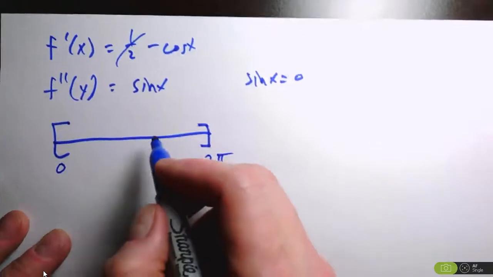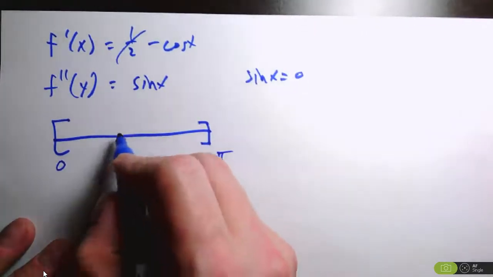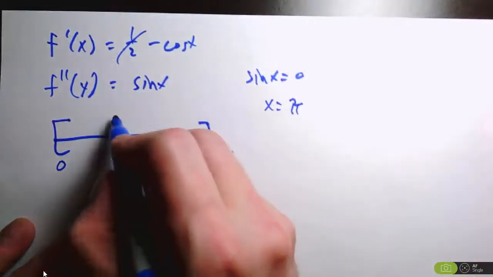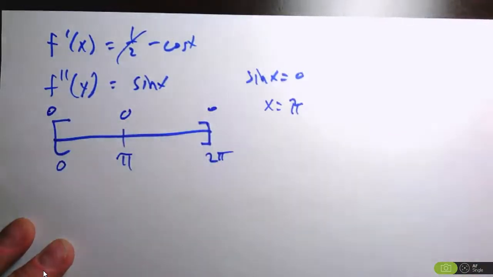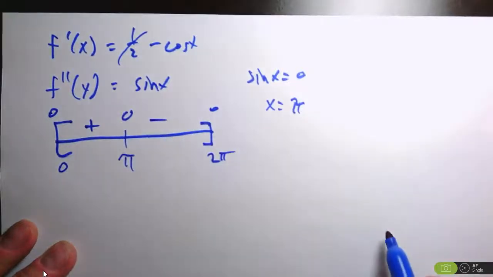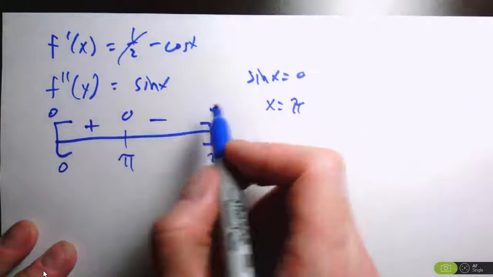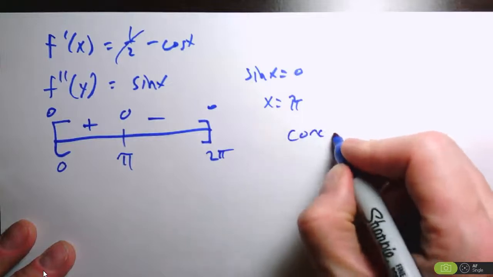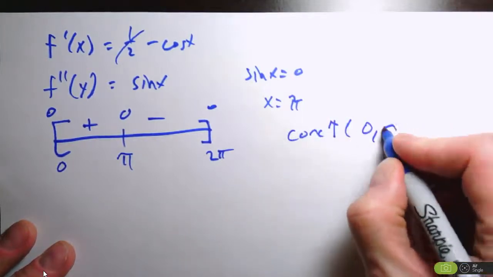Well, for 0 to 2 pi, it's at 0, but it's also at pi and 2 pi. So I really only have to check one spot because both these guys will be 0. So sine before pi is positive, sine after pi is negative. So this is, again, really easy second derivative stuff. So you have concave up from 0 to pi.